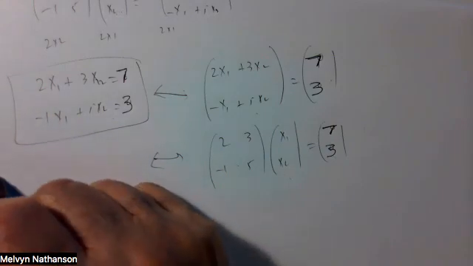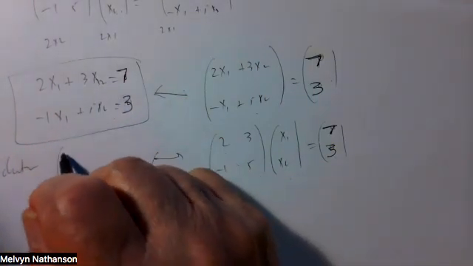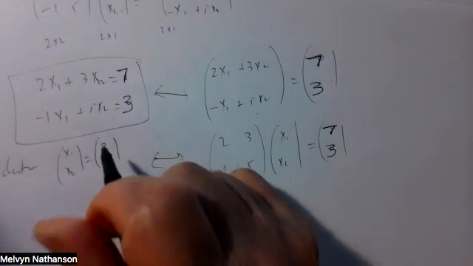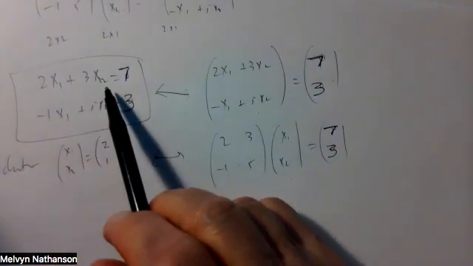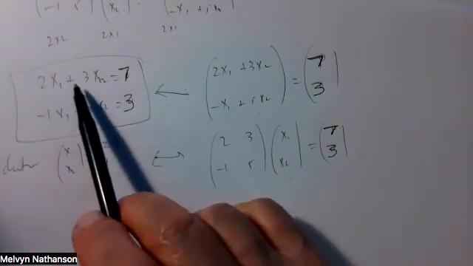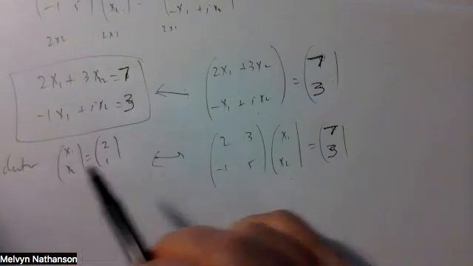Now, one solution of these equations is x1, x2 equal to 2, 1. Because if x1 is 2 and x2 is 1, you get 4 plus 3 is 7, minus 2 plus 5 is 3.